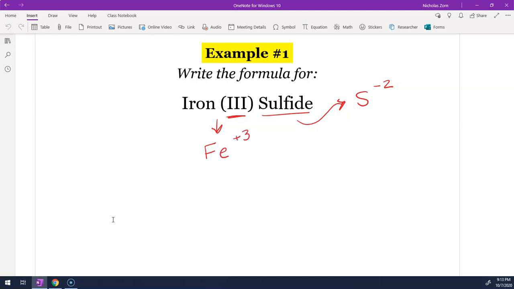That's what the Roman numerals tell us. And because we have a 3 and a 2 here, we're going to need to find the least common multiple, which is going to be 6. So this will be written as Fe2S3. So our iron will have a +6 total charge, and then our sulfur will have a -6 total charge. They balance out.